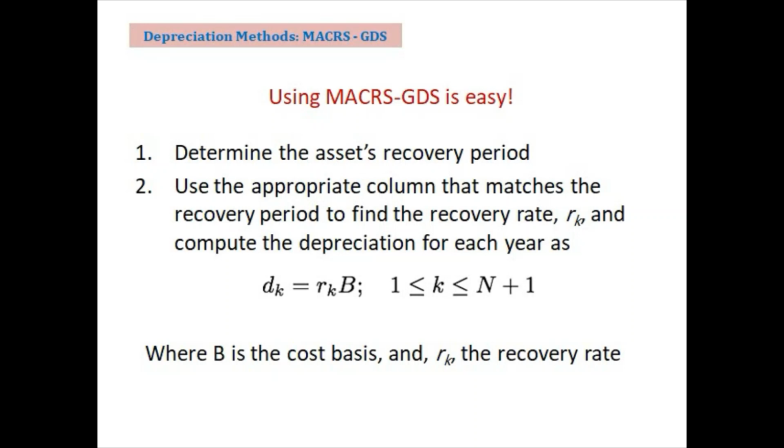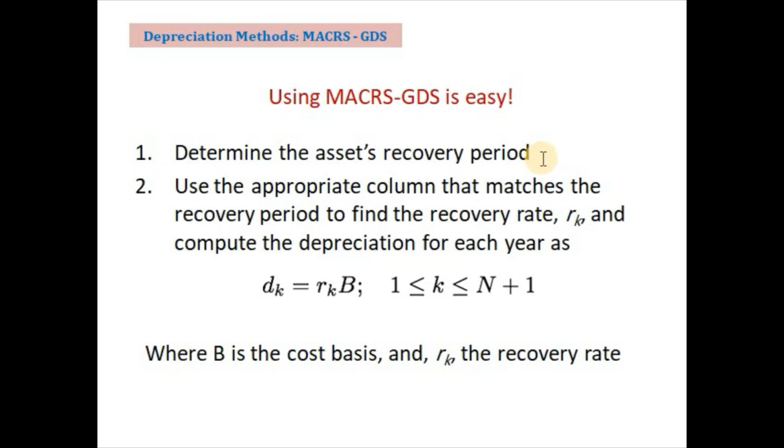Some assets like computers and electronic devices have a recovery period of, let's say, 5 to 7 years. So each asset is classified into a certain category regarding the recovery period. So your first step is determining which category this asset lies under, what its recovery period will be.